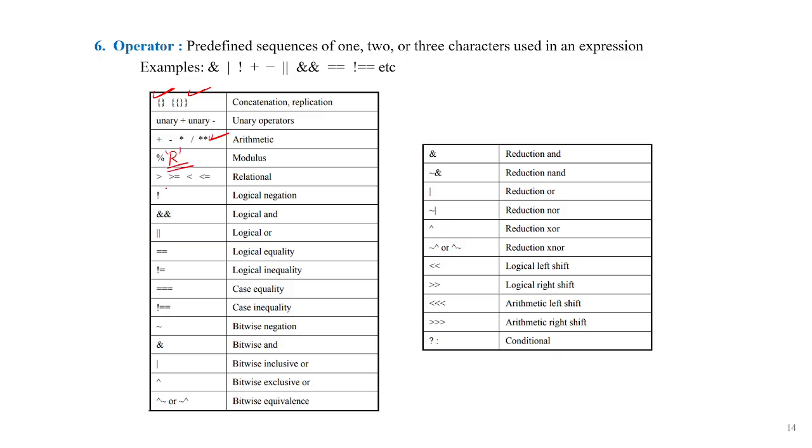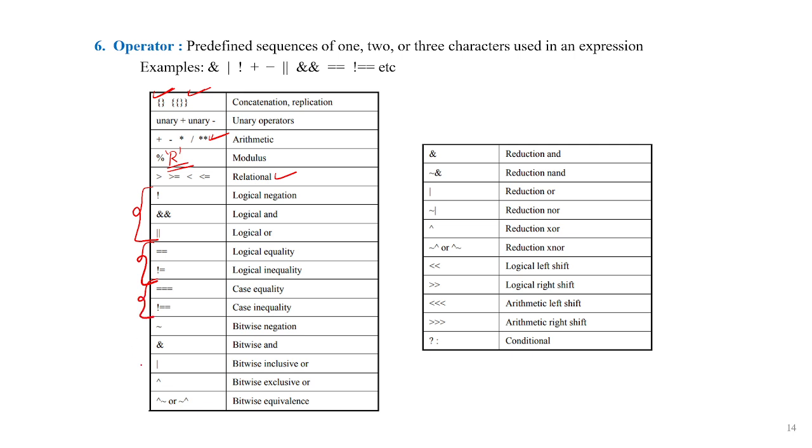Modulus is for getting the remainder. Greater than or equal to, less than or equal to are relational operators. Next, logical operators: logical negation, logical and, logical or. Then logical equality and inequality, and case equality and case inequality.